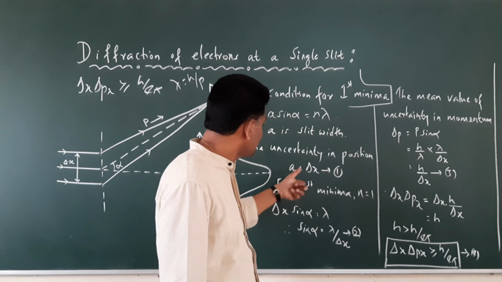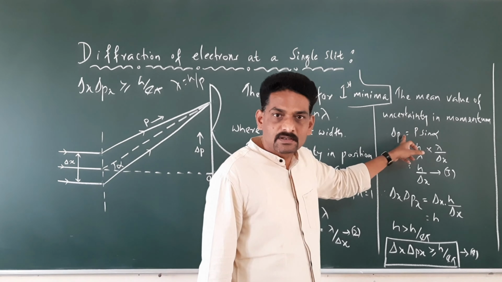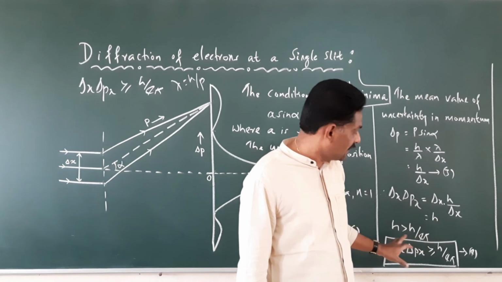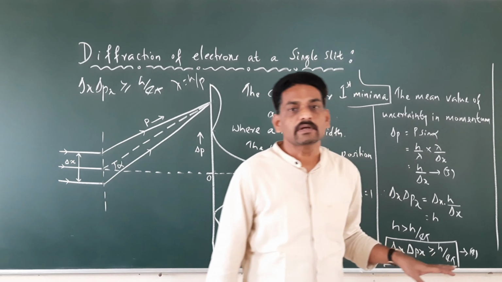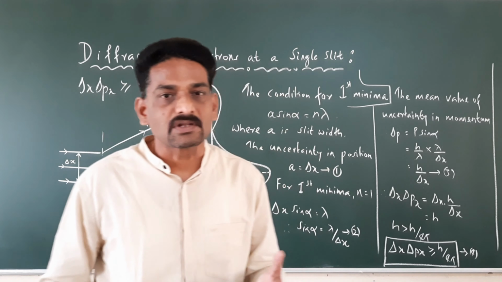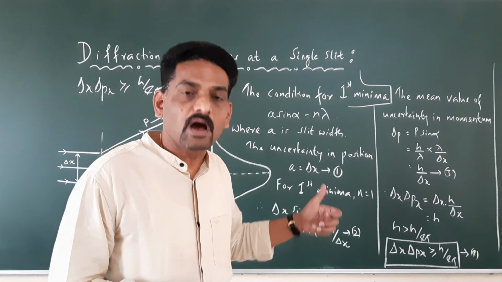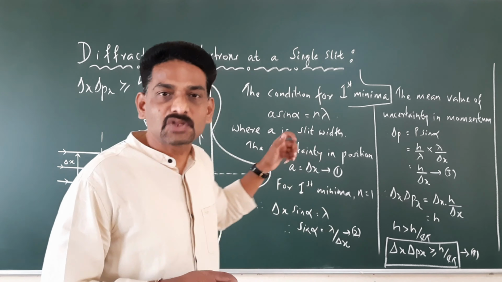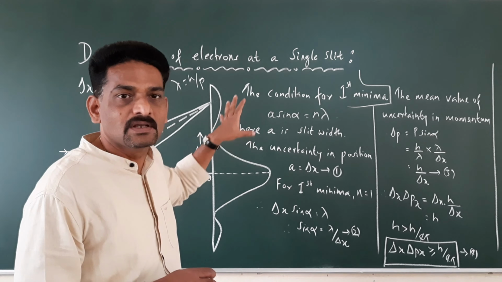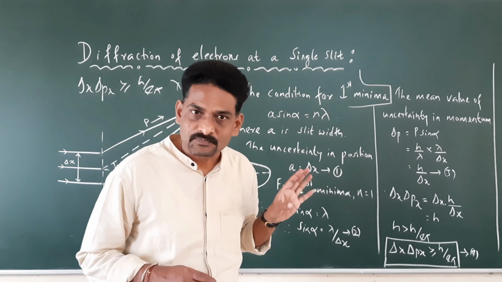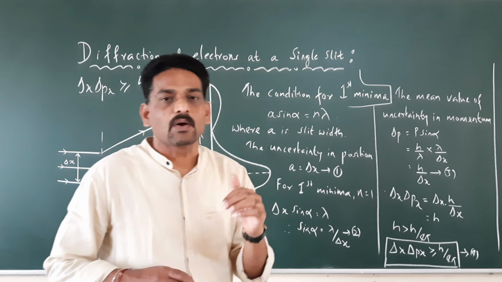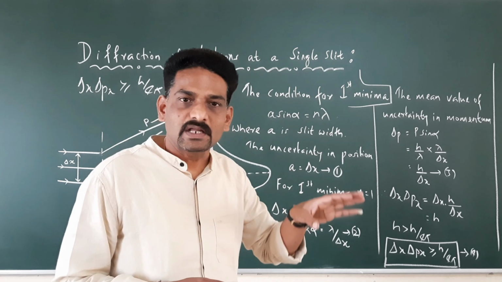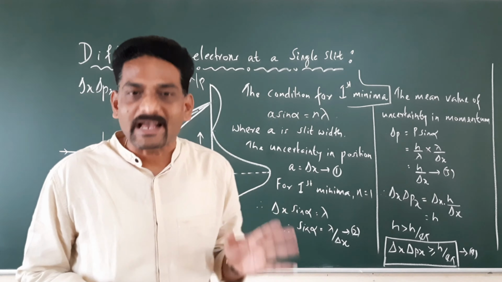By knowing the values of delta x and delta px, we showed that the product is greater than or equal to h by 4 pi. In other words, we verified the Heisenberg's uncertainty equation by a thought experiment, diffraction of electrons at a single slit. So this is one more experiment to illustrate the Heisenberg's uncertainty principle, just like the gamma ray microscope experiment.